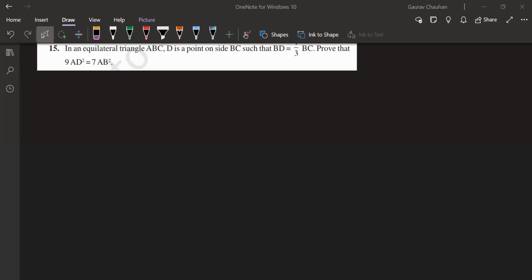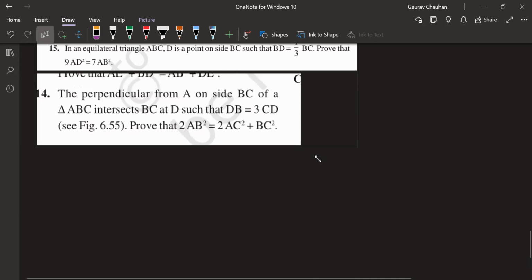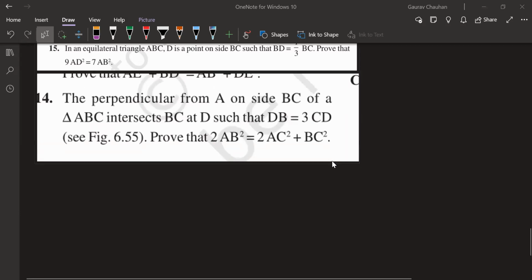Question number 14 says a perpendicular from A on the side. Okay, let me copy this down. This is the thing, and the diagram is also given. Figure 6.55. Here we are.